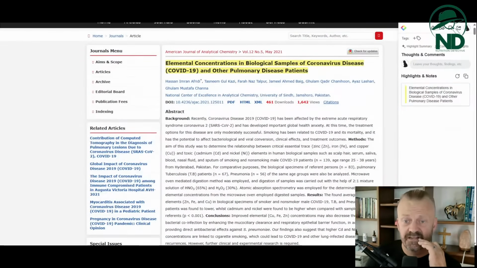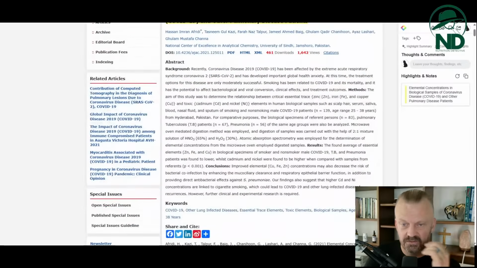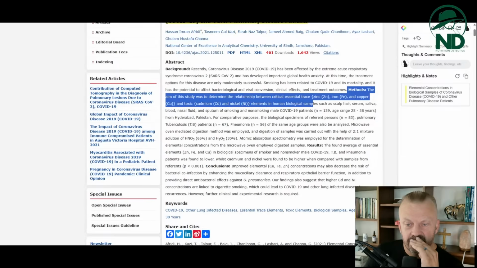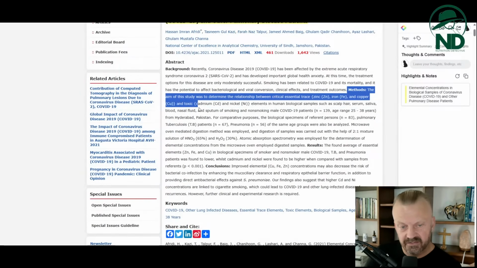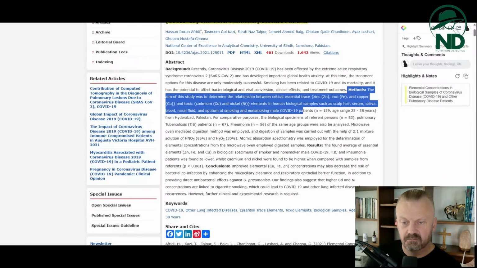Elemental concentrations in biological samples of COOF disease and other pulmonary disease patients. So, they were looking at zinc, iron, copper, cadmium, nickel in human biological samples such as scalp hair, serum, saliva, blood, nasal fluid, and sputum of smoking and non-smoking male COOF patients from Pakistan.